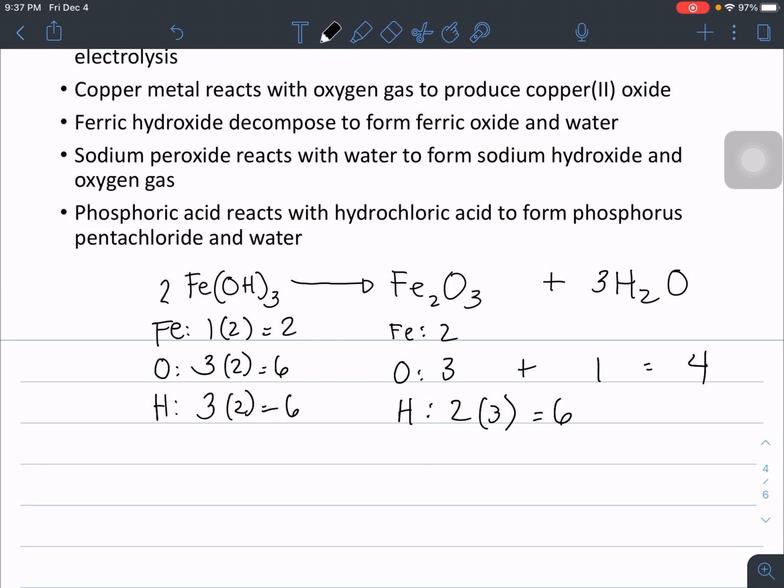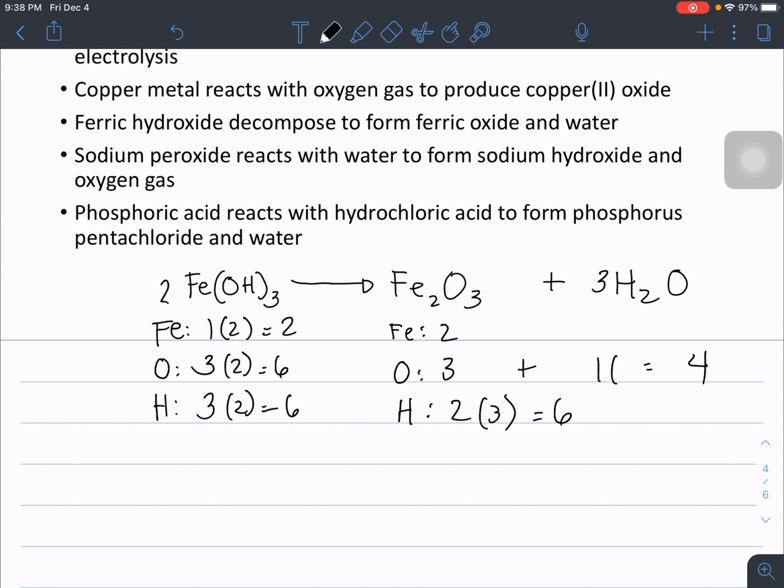But of course, since you place 3 on the water, you multiply 3 on the hydrogen, you also need to multiply 3 on the oxygen, on the 1 atom of oxygen. Don't include the 3 on the oxygen of the ferric oxide. So only the oxygen on the water.